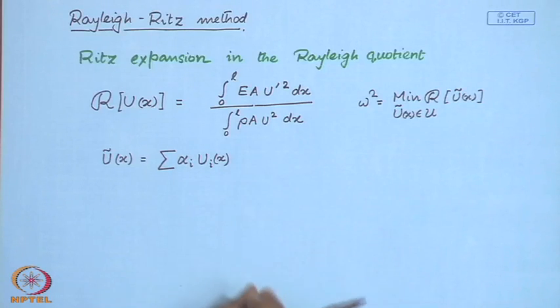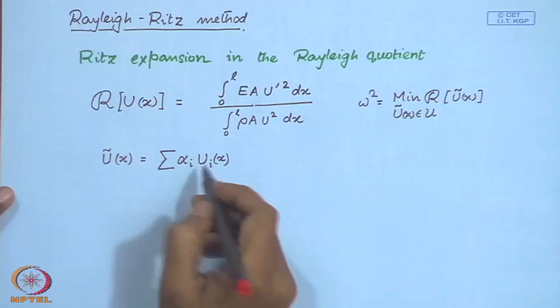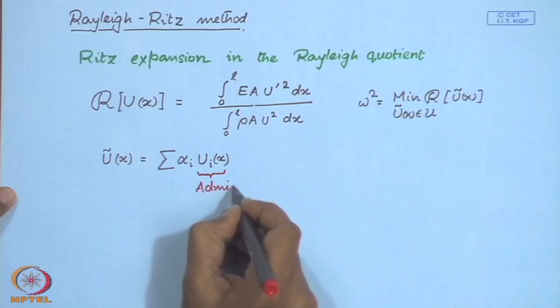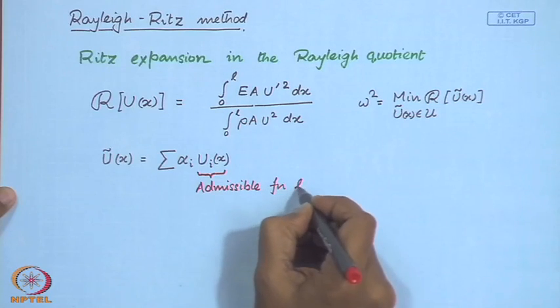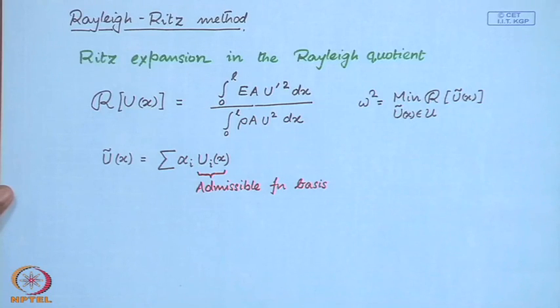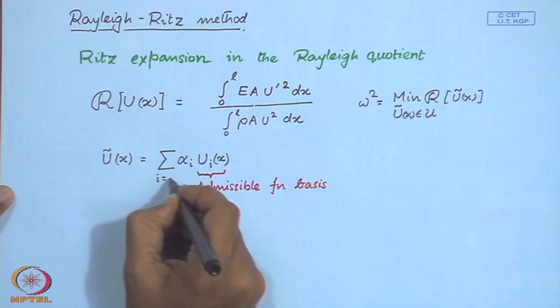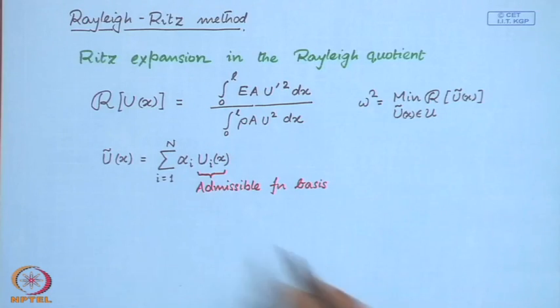So, this is a linear combination of these basis functions, admissible functions. So, these are all admissible functions. And we can take any number of terms.